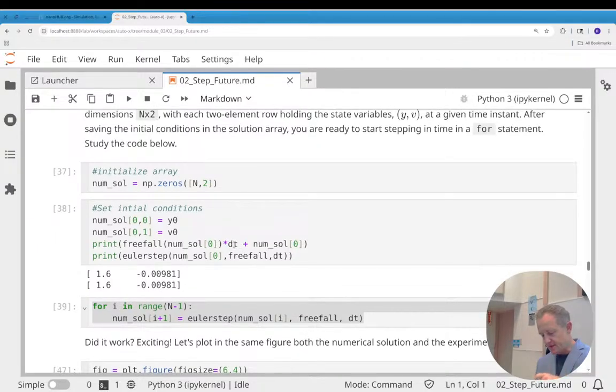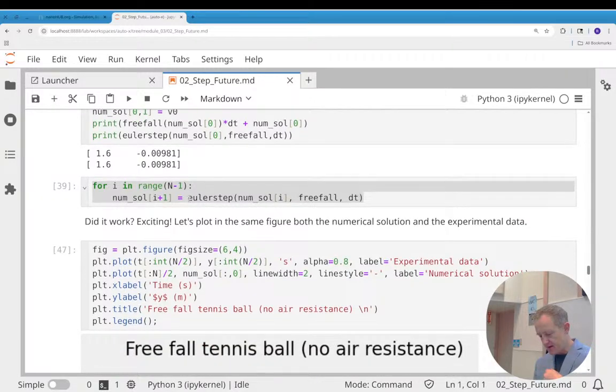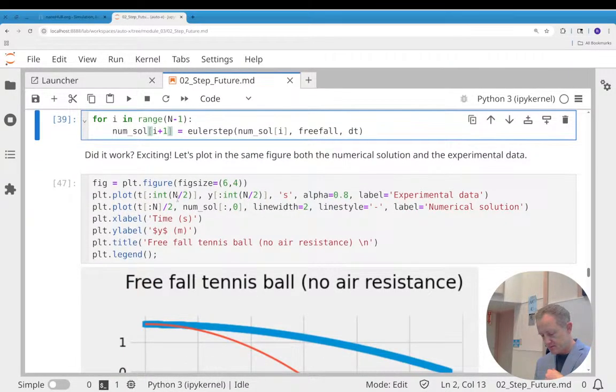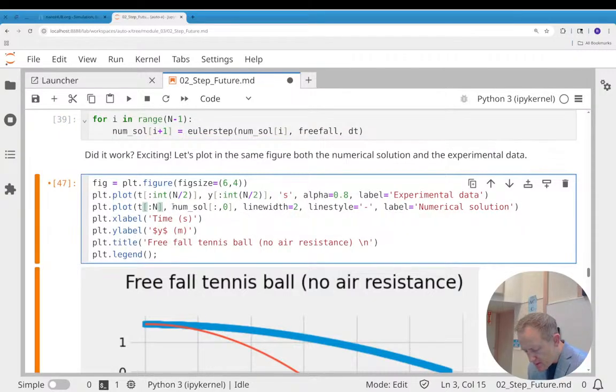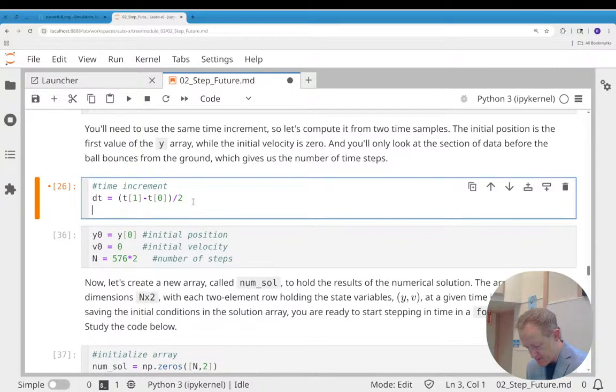So now dt is 1/2, so n is double. Oh yeah, there's a... do this.